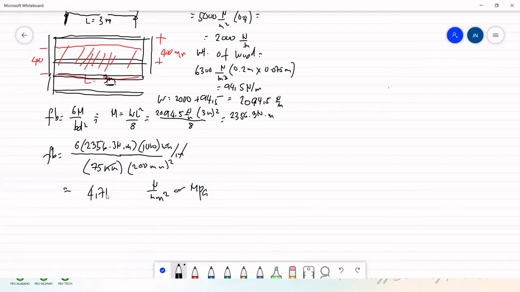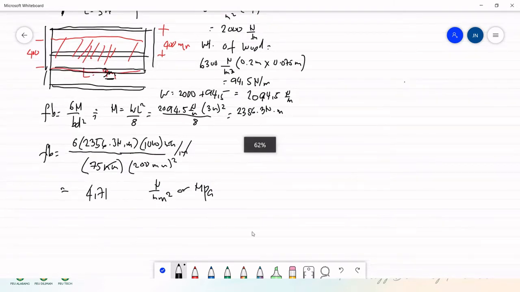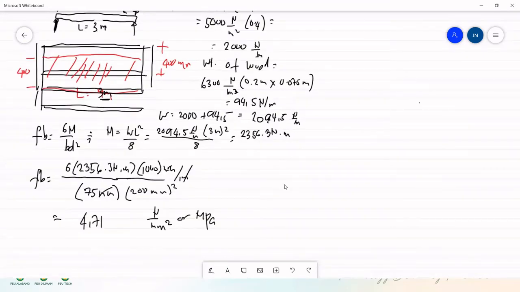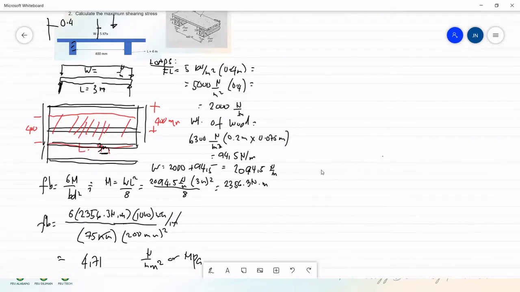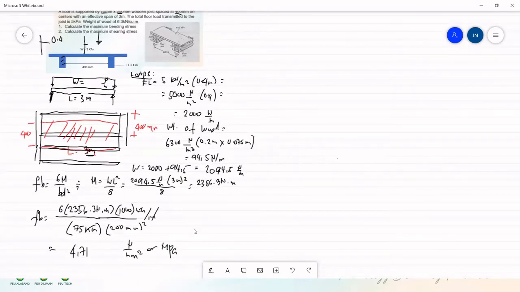So that is our bending stress. Now, how about shearing stress? Actually, di ko pa nga na-discuss ngayon yung shearing stress.